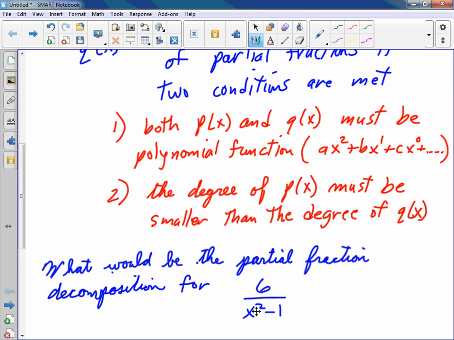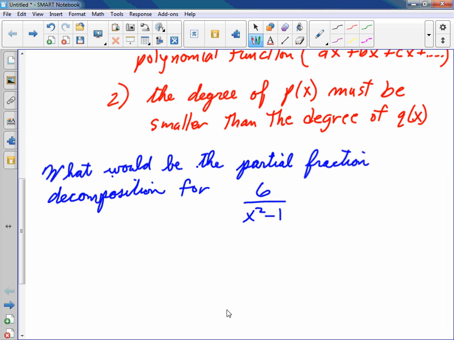It's a higher degree polynomial. Okay? So then we can say, well, this is equal to 6 over x minus 1 times x plus 1. Remember, that's one of those trinomials that factors nicely.